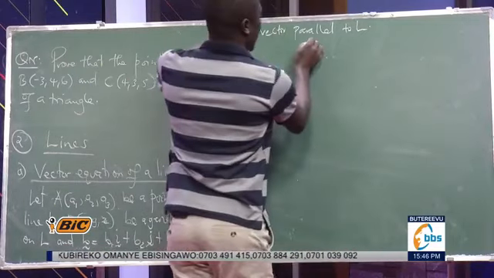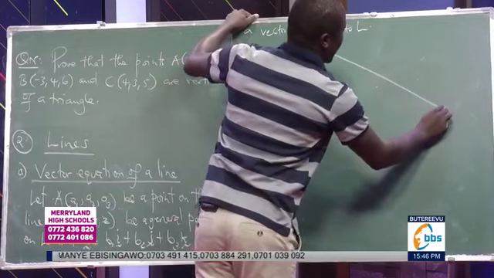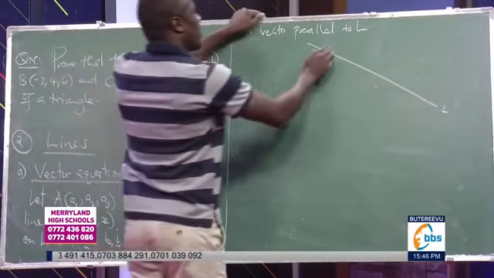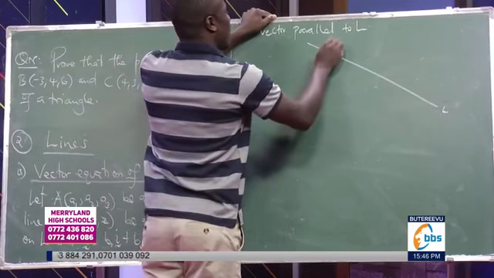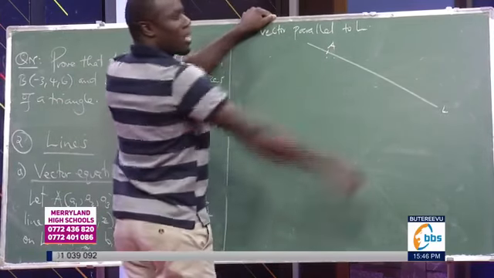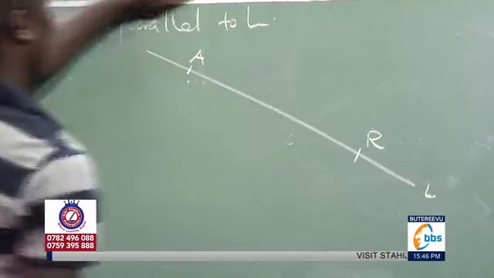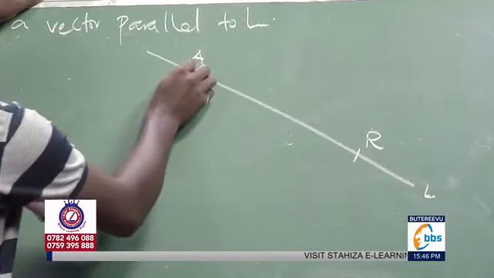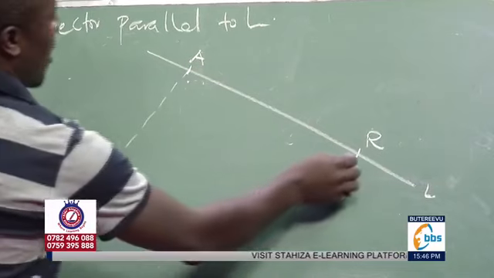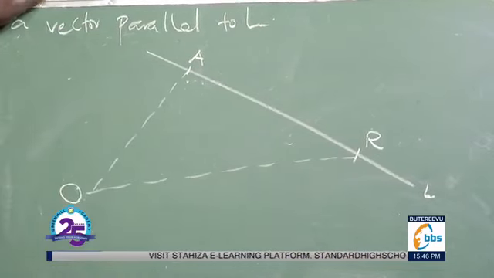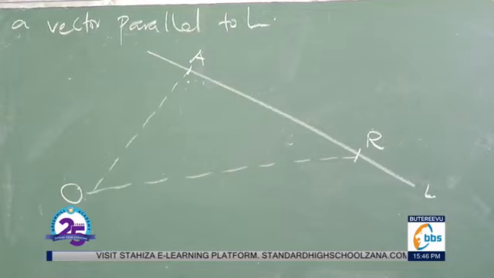Let us assume this is our line. That's the line L. And on that line we have the point A, somewhere around there. And then of course our variable point, the point moving, that's the point R. Assuming our origin is somewhere around here, the origin, the zero vector, the 0 point.